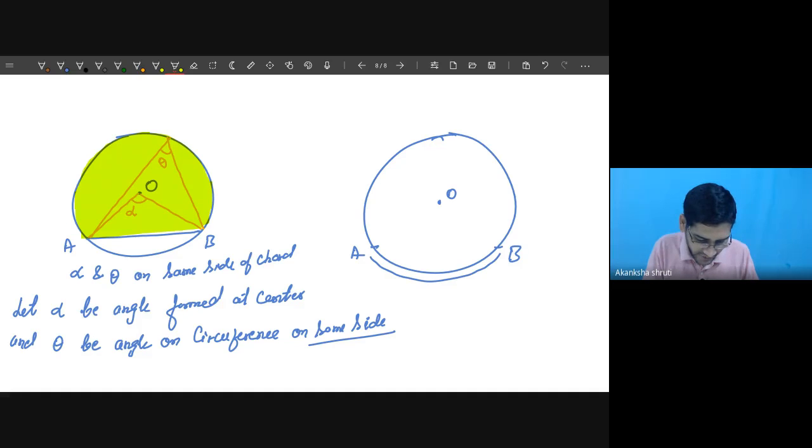Then this alpha and theta are in the same segment. This is important because the confusion arises from here itself.